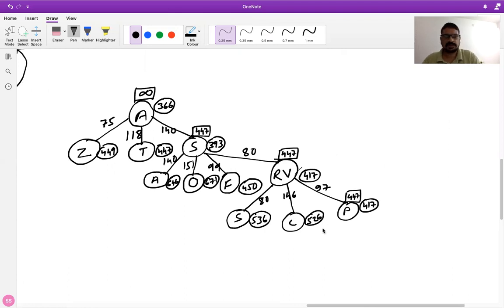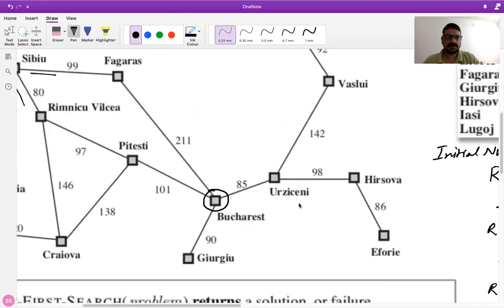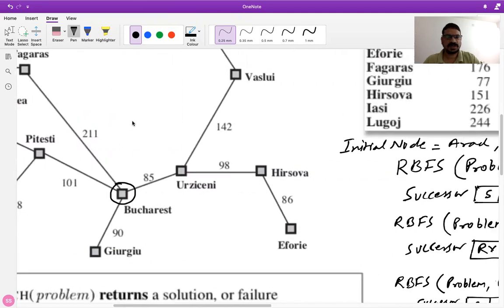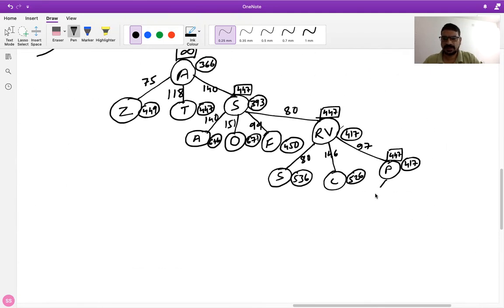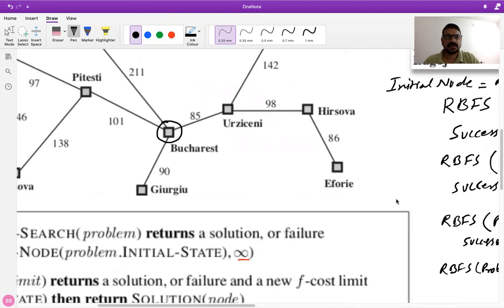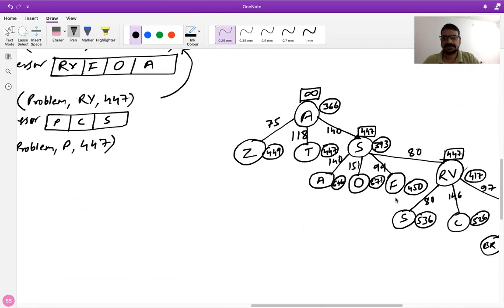Right now, let's explore Pitesti. From Pitesti, we can go to Bucharest, or we can go to Rumniki Vilaka. To go to Bucharest, what is the path cost? Here it is 101, and here it is 97.